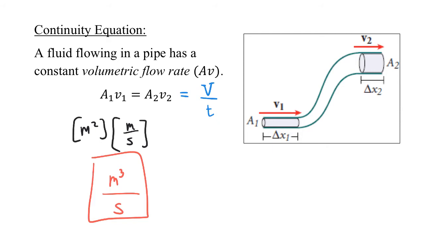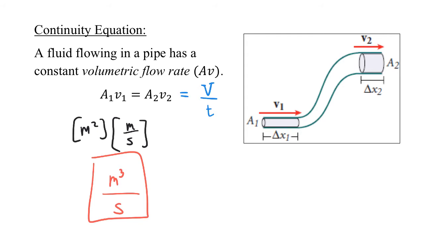Where V in that case is the amount of fluid that's flowing in a given time period. So gallons per minute. Where have you seen that before? You've seen it at some point, I guarantee you've heard the phrase gallons per minute, or liters per minute for those that use the metric system. Yeah, very good.